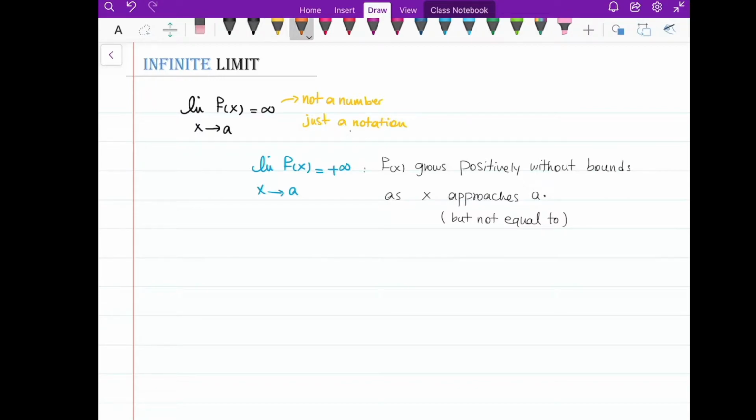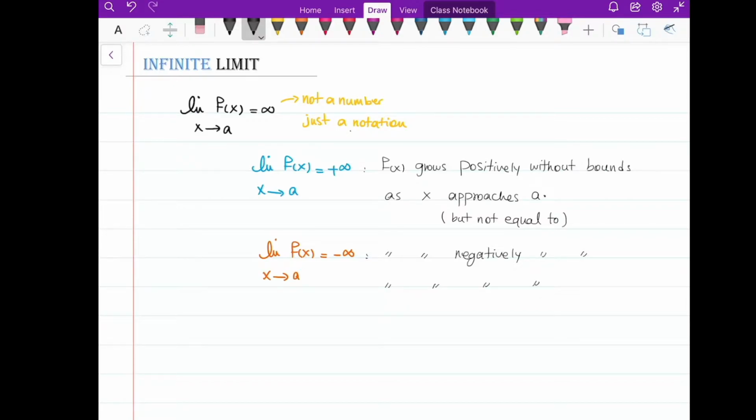We can also say the limit of f of x as x goes to a is equal to negative infinity if f of x grows negatively without bounds as x approaches a but is not equal to a.